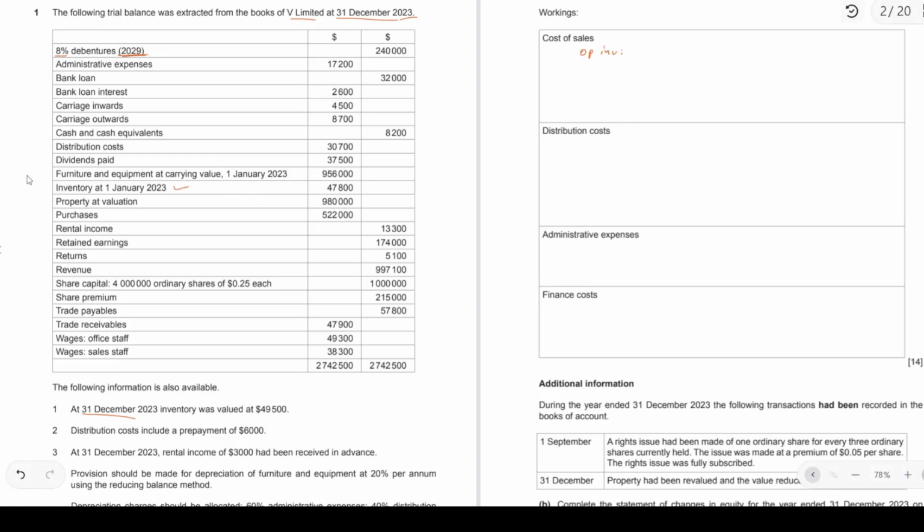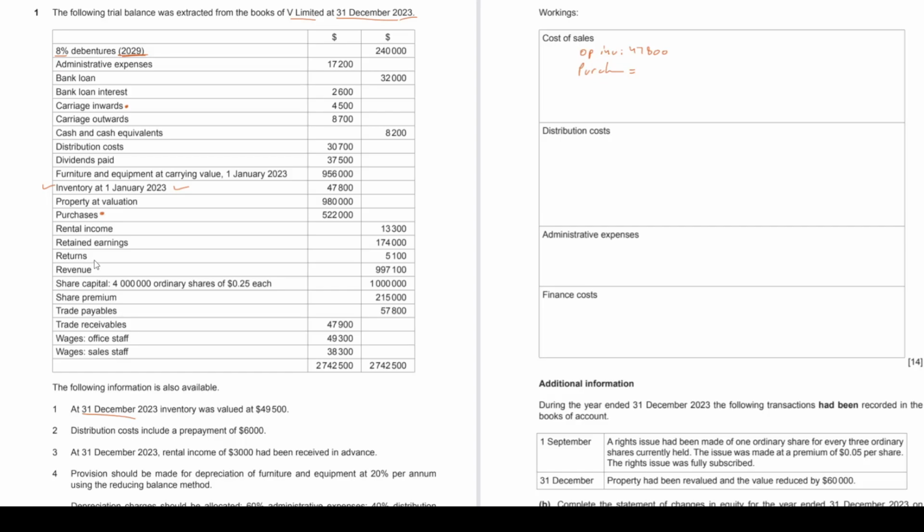Let's put a tick next to it. 47,800. And then we need purchases. Let's look for anything related to purchases. There's carriage inward, right? That's relevant. I'm going to mark it like that. We have purchases itself. Do we have any purchase returns? I don't see them yet.